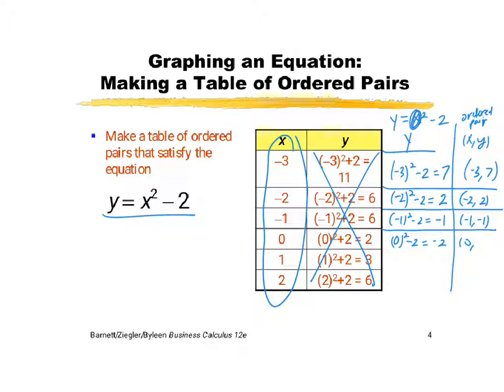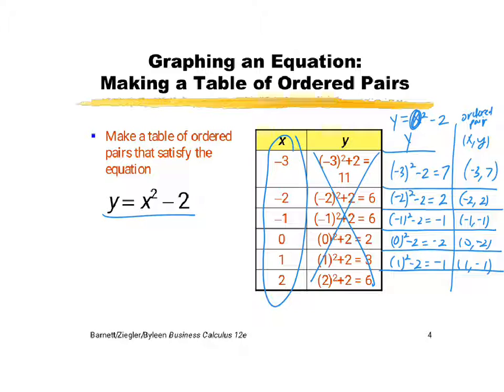So when x is 0, y is -2. Okay. 1 squared minus 2. And so we'll get 1 minus 2, which is -1. So when x is equal to 1, y is -1.